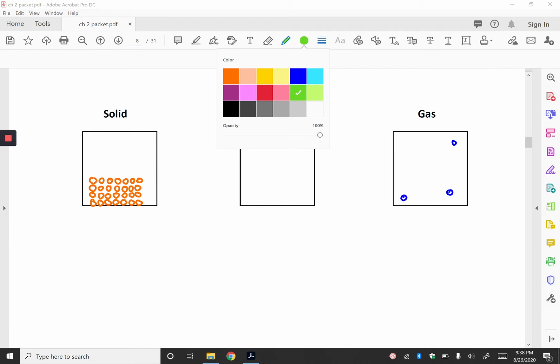Let's go with green. For liquids, a lot of people think that liquids kind of look like they're in between solids and gases. That's actually not true. Liquids are very similar to solids. So the spacing between the particles is almost the same as it is in solids. The main difference is that in a solid, these particles are ordered in this nice pattern, whereas liquids are kind of random.